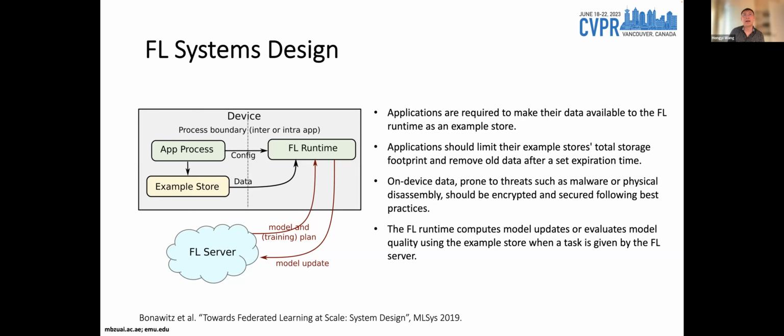It also connects with the user app process. Everything is handled by the FL runtime during training, and it also talks to the FL server, and tries to collect the user data and user app information with privacy guaranteed.